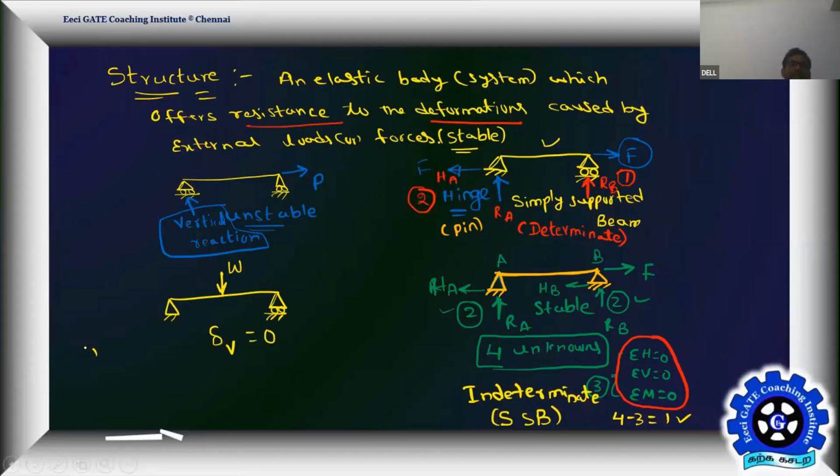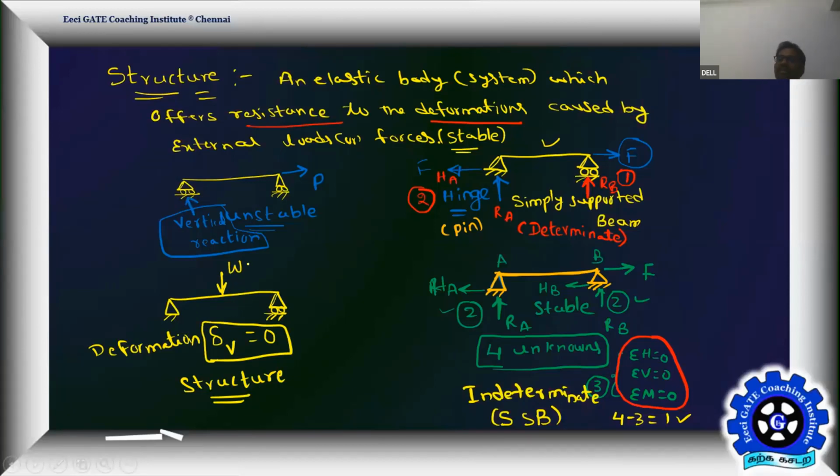So you understand that? If the deformation delta V under the load is 0, then that particular element is called a structure. Our building itself is a structure, because we are not able to see the deformation of the beam.